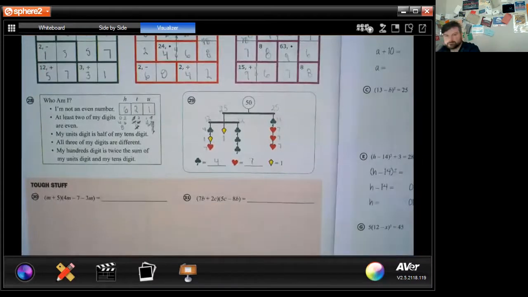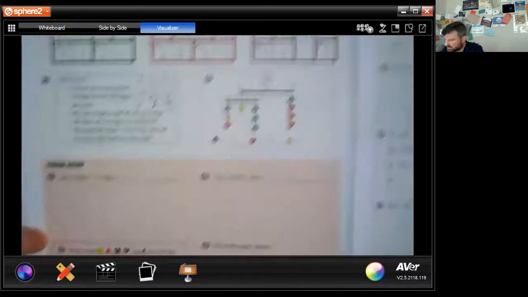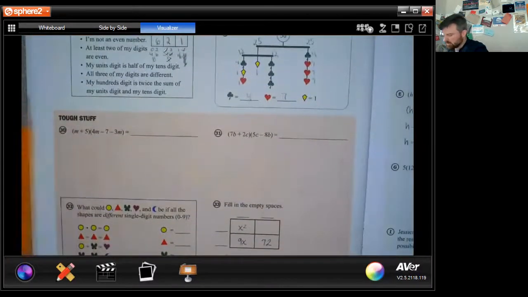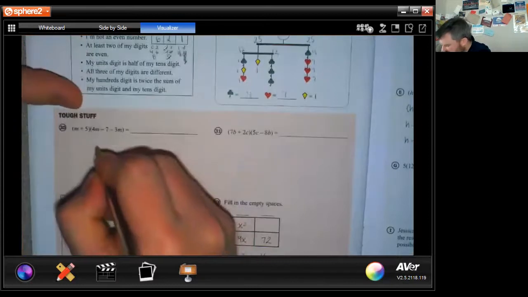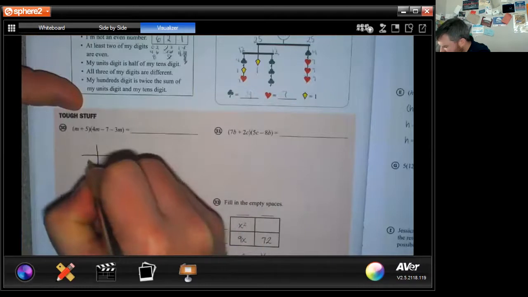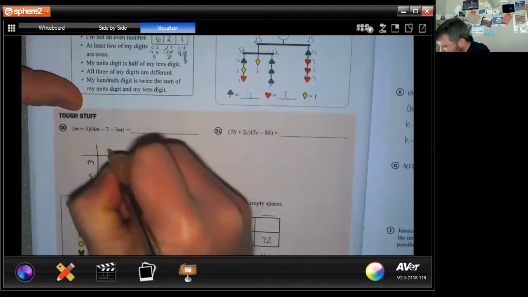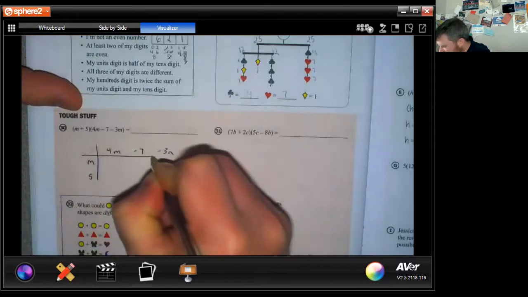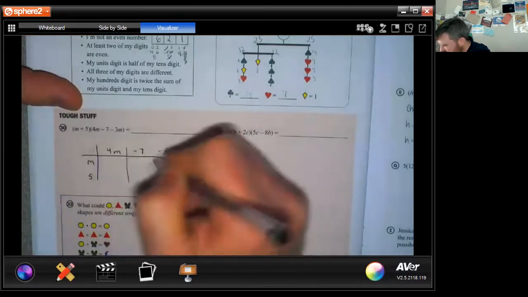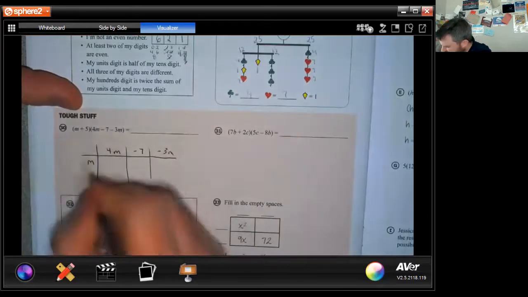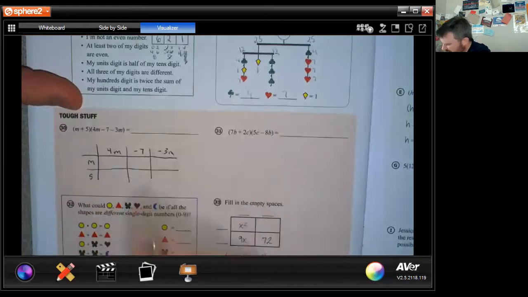And that's it. Okay, moving on to the tough stuff. Here we're bringing back some of this multiplication, and we can do these with those area models. So we have m and 5, 4m minus 7 minus 3m. Okay, now I could have combined like terms here because they both have an m, but I'll just do that in the end.